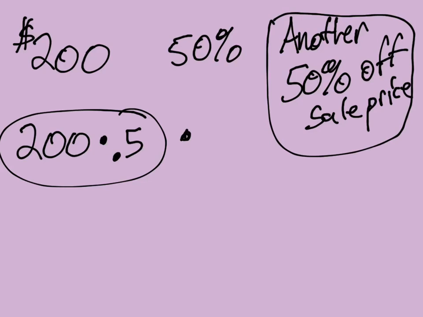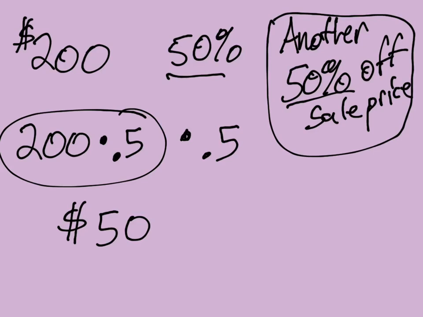We're going to multiply that times 0.5. And so that means that you are only paying $50, but you don't get it for free. You don't get it for free because otherwise, if you just were able to add these together, that'd be 100% off. And that wouldn't really work out that way. No store's going to give it to you for 100% off.